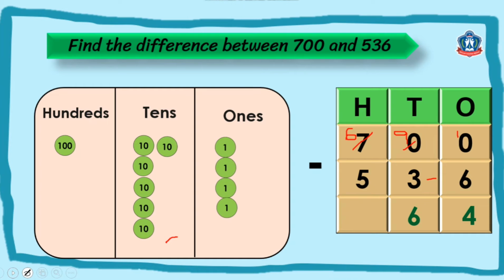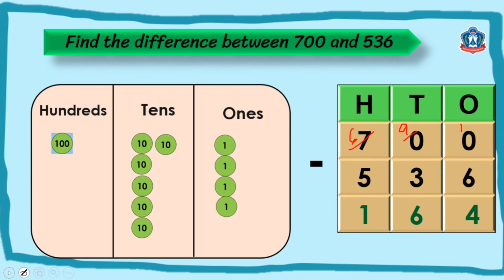How many hundreds left? 100. So children, 700 minus 536 is 164. So that's how we subtract numbers like this. Remember to rename the hundreds into tens, then rename a ten into ones.